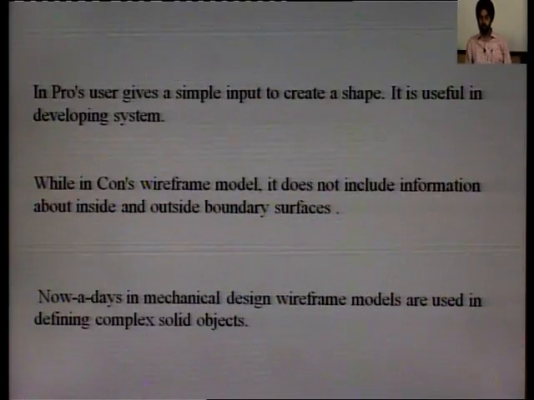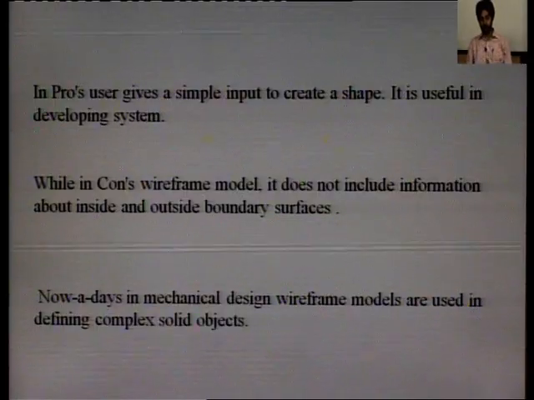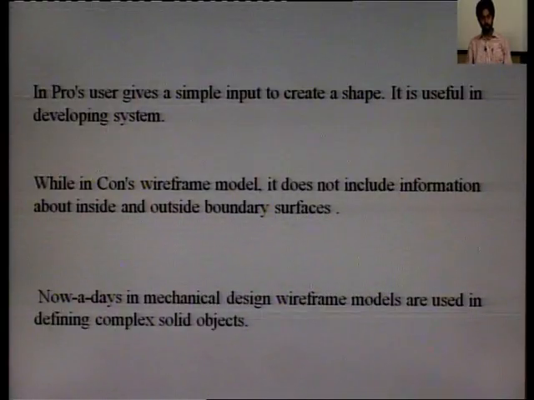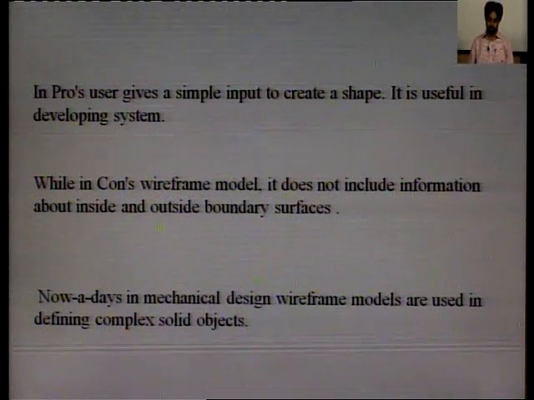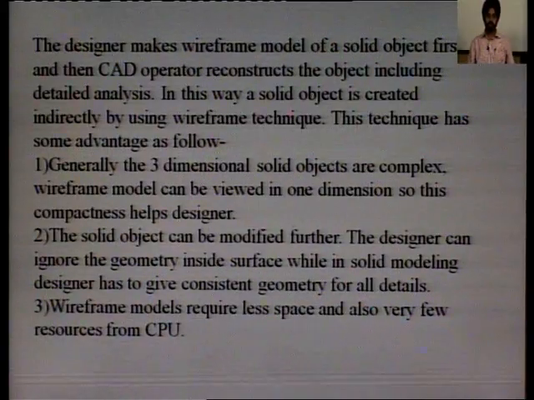Nowadays in mechanical design, wireframe models are used for defining complex and solid objects. So, this is very important whenever you work in mechanical engineering, civil engineering or any other engineering: you have to create the wireframe model of the object. The designer makes a wireframe model of a solid object first, and then the CAD operator reconstructs the object including detailed analysis.